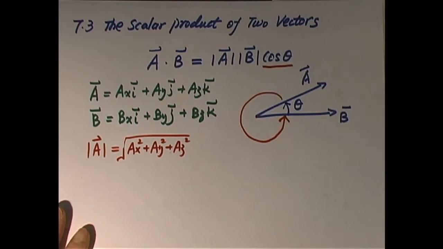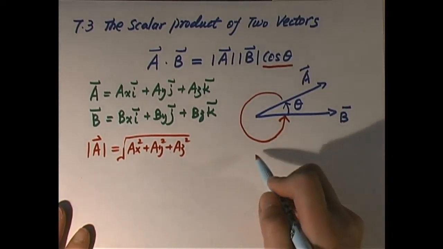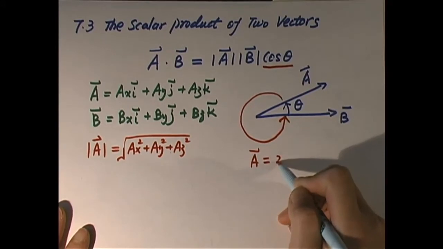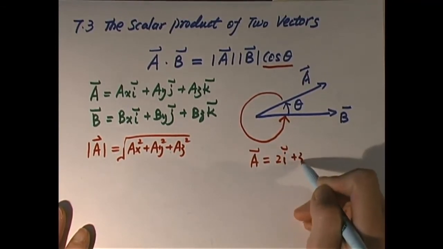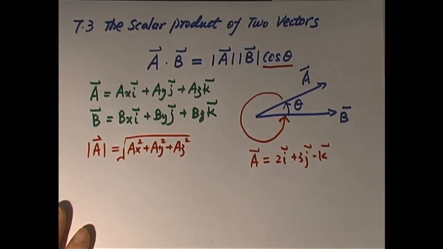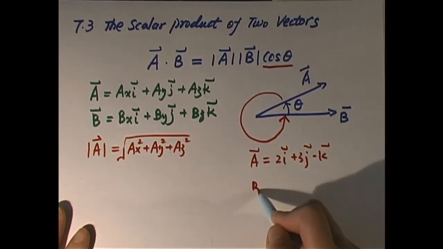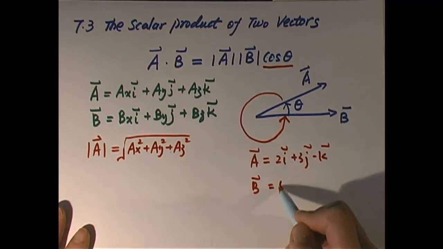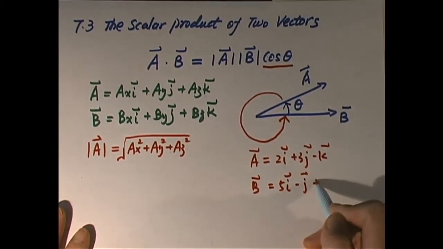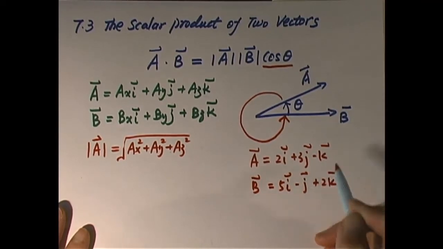Now, the angle theta between two vectors usually is unknown. For example, if I give you vector A equals 2i plus 3j minus k, that is a three-dimensional vector, and then I give you another one, B equals 5i minus j plus 2k, for example.